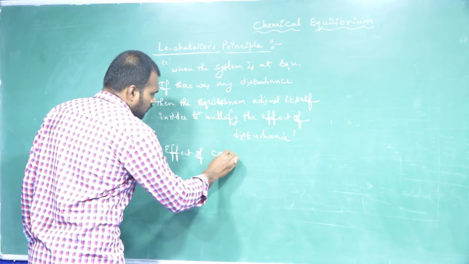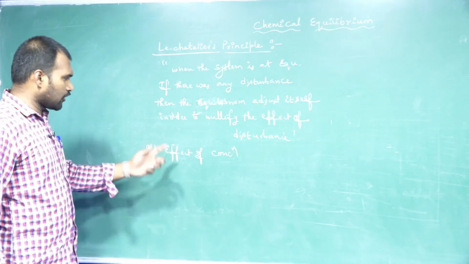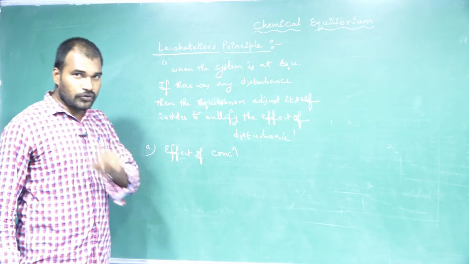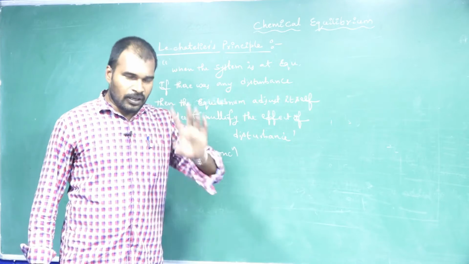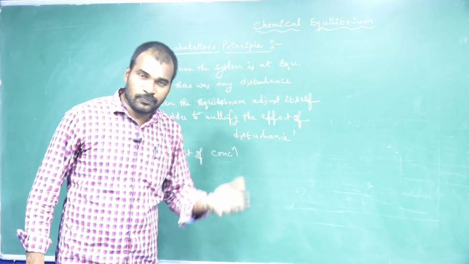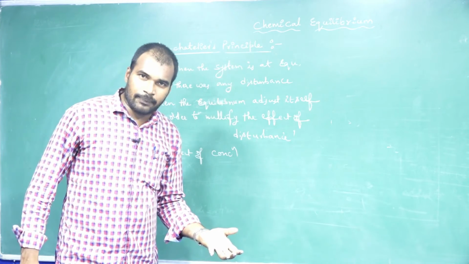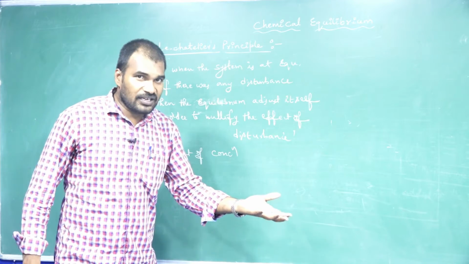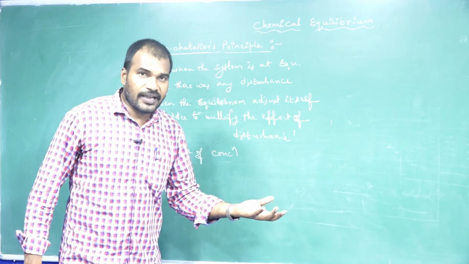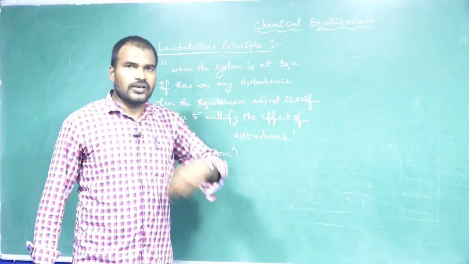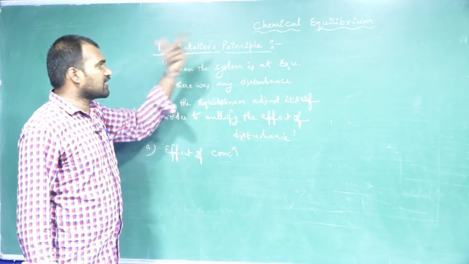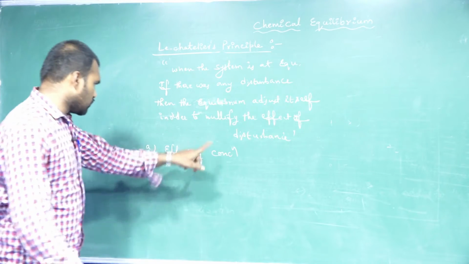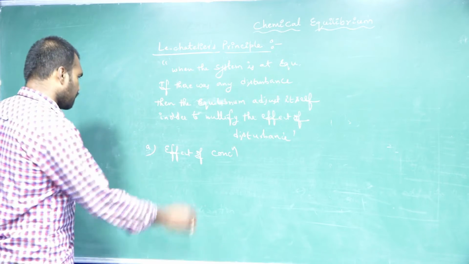In this Le Chatelier principle, we will discuss the effect of change of concentration. I told you the disturbances: changing the concentrations of reactants or products, increasing or decreasing the pressure, increasing or decreasing the temperature, addition of catalysts, or addition of inert gases. These all are disturbances. Let us discuss them one by one, how they affect the position of equilibrium. The first one is effect of change of concentration.